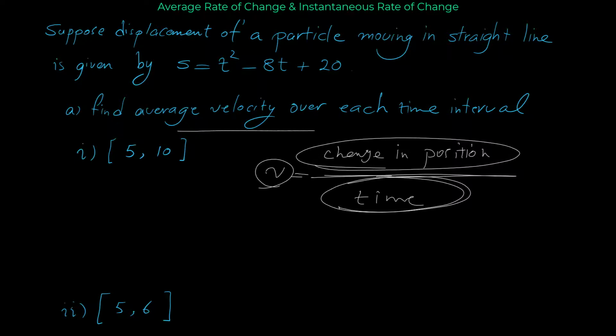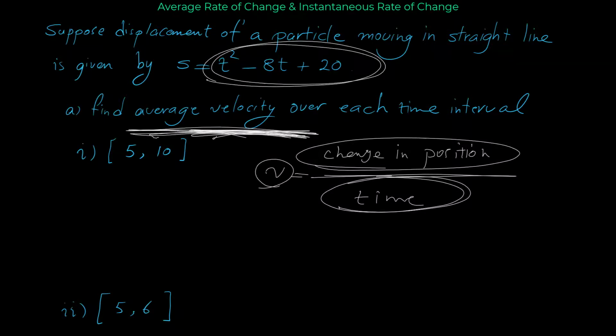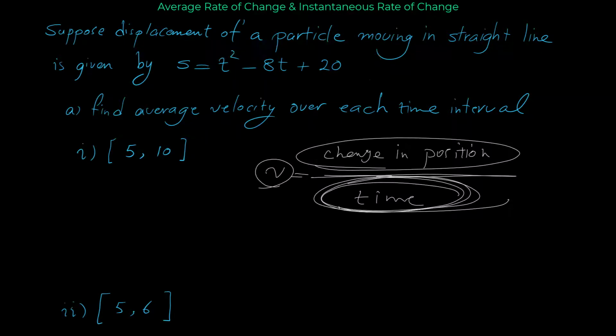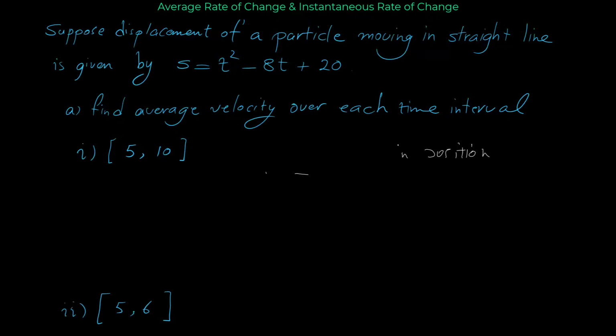As you can see, velocity is like average rate of change, and actually average velocity shows the average rate of change of position. So whenever you hear average velocity, you can find the change in position or displacement over change of time. Now that we know this, let's do this question.